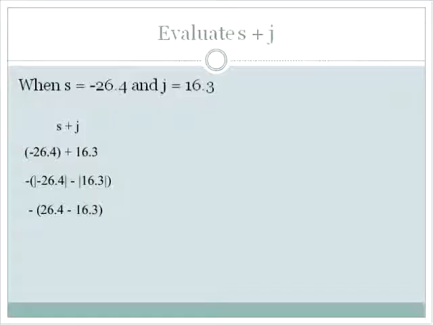At this point, you can write it down if you'd like, or you can plug it into a calculator and see what the result is. Either way is fine. But what we end up with is 10.1, and we distribute that negative sign, and we'll end up with the result of negative 10.1. Okay? So there is the final answer for that question.